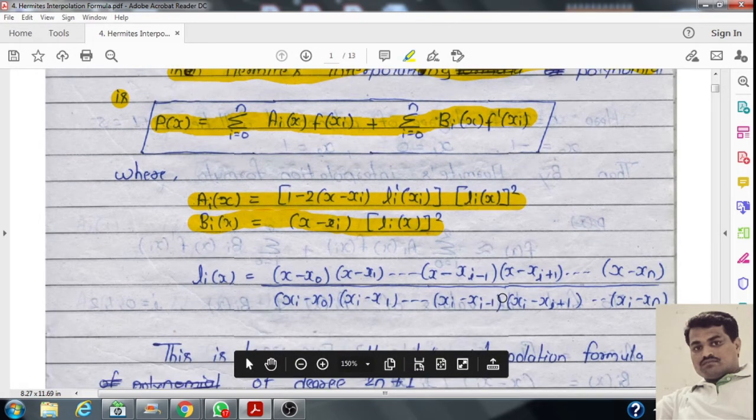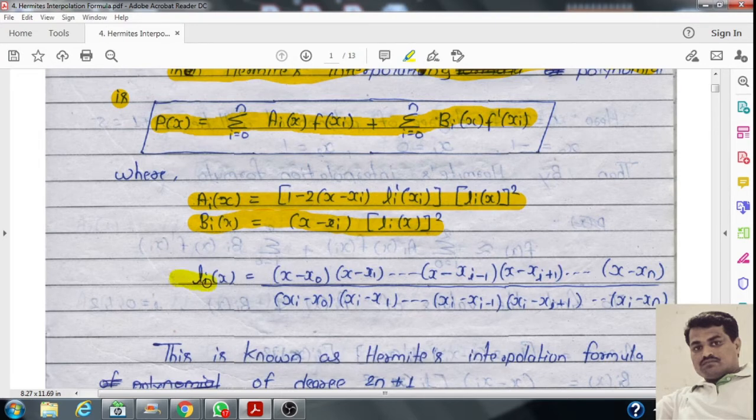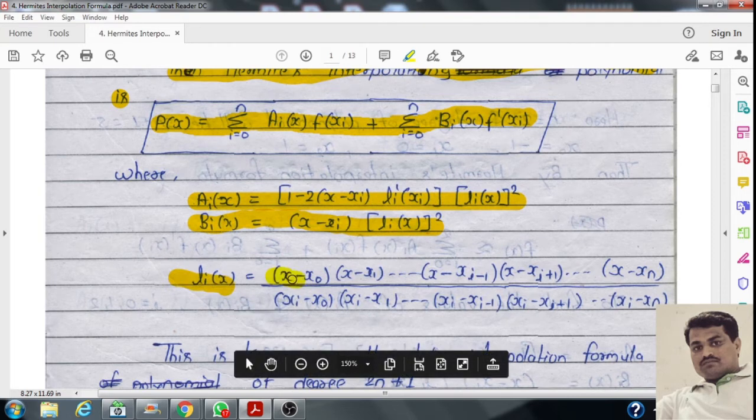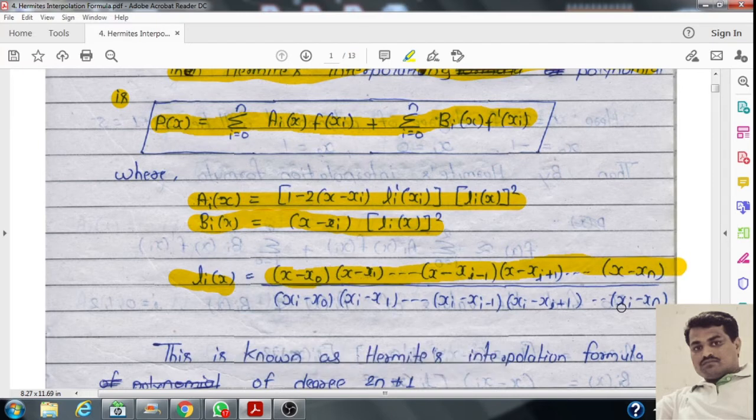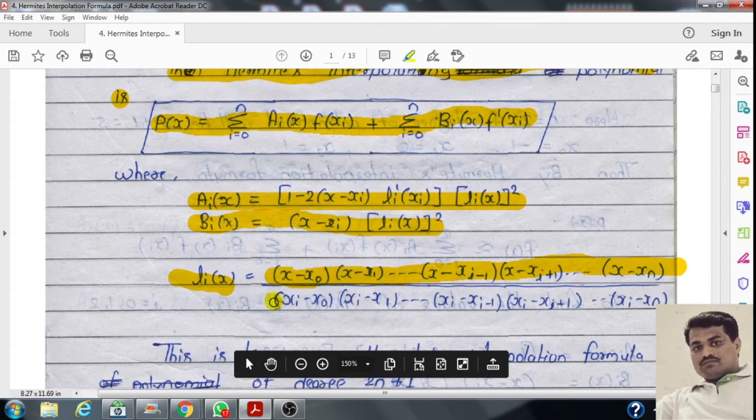And here in both Ai(x) and Bi(x) there is a term Li(x), and this Li(x) is defined as Li(x) is equal to x minus x naught into x minus x1 and so on, x minus xi minus 1 into x minus xi plus 1 and so on x minus xn, and the denominator is xi minus x naught into xi minus x1 and so on, xi minus 1 into xi minus xi plus 1 and so on xi minus xn.